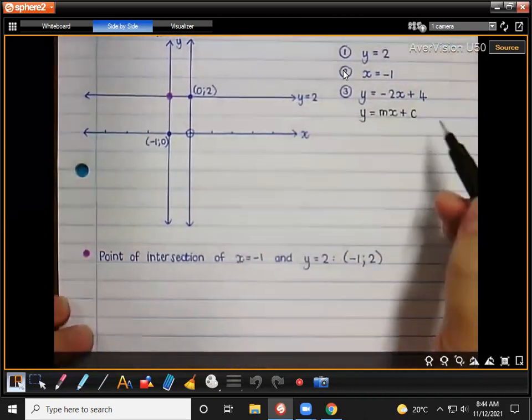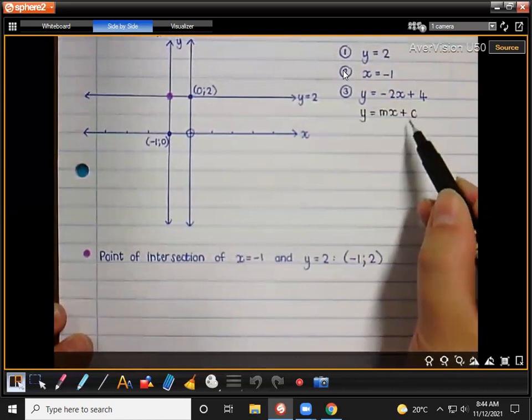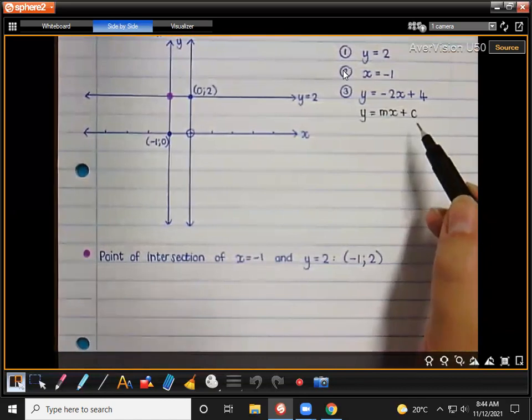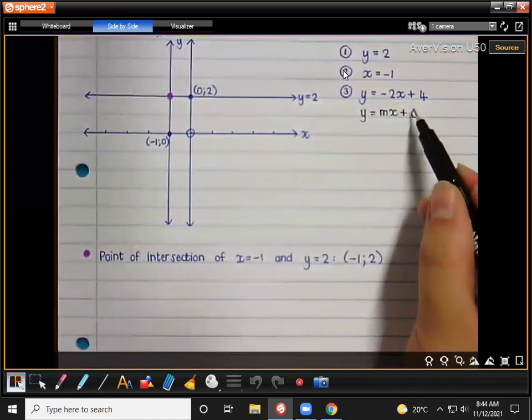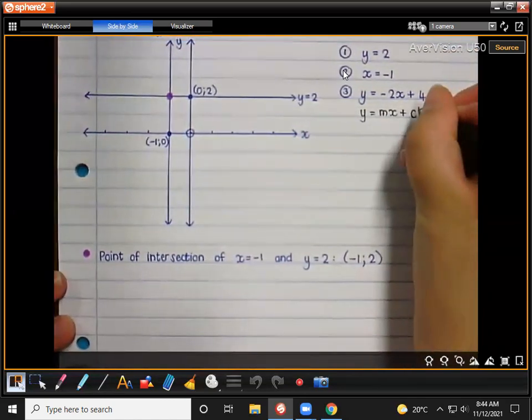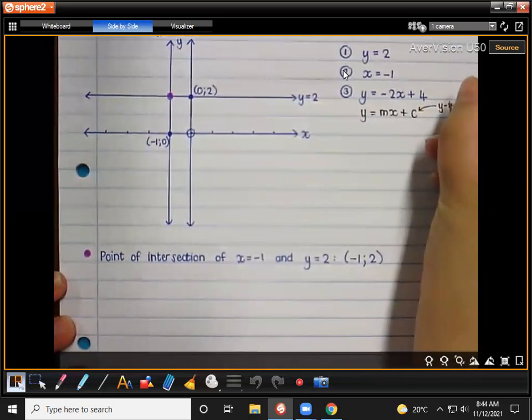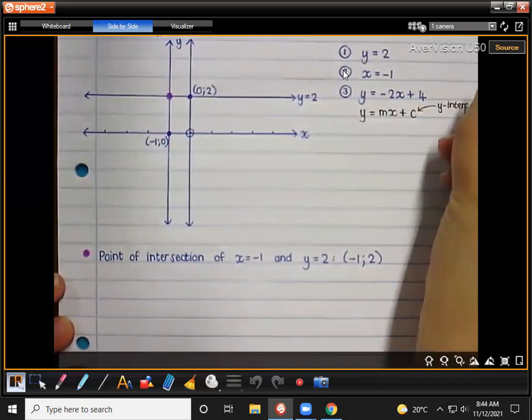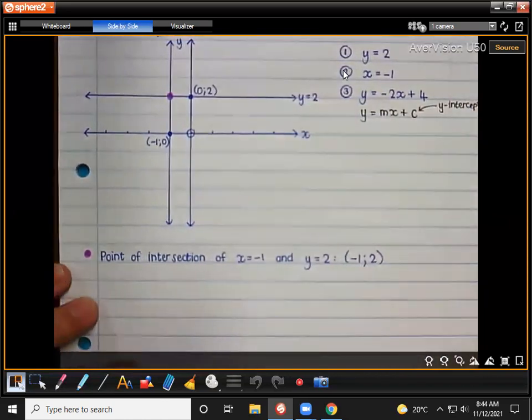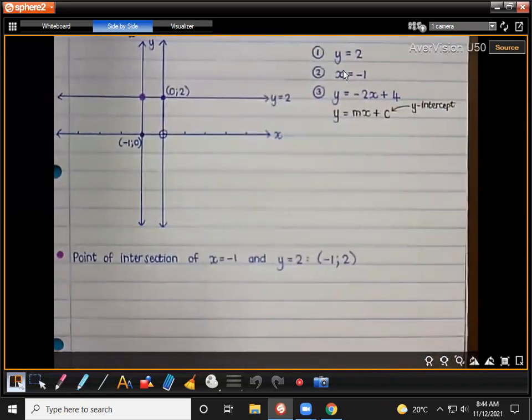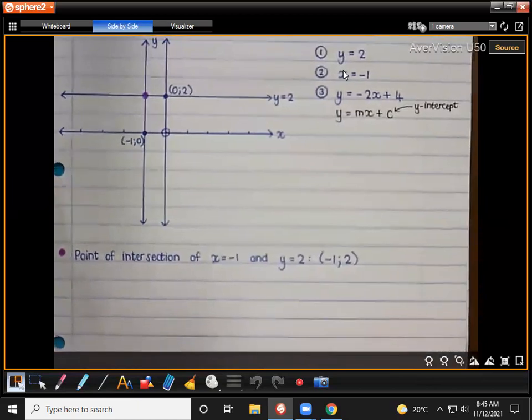Do we remember what the c value is? The c value, the constant term, is the y-intercept, right? The constant term is the one that's just a number, the one that doesn't have an x attached to it.